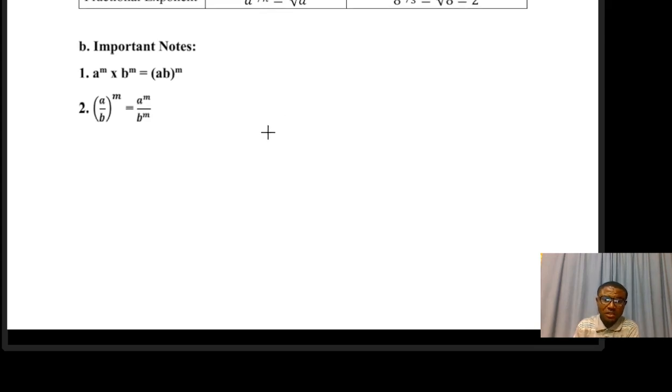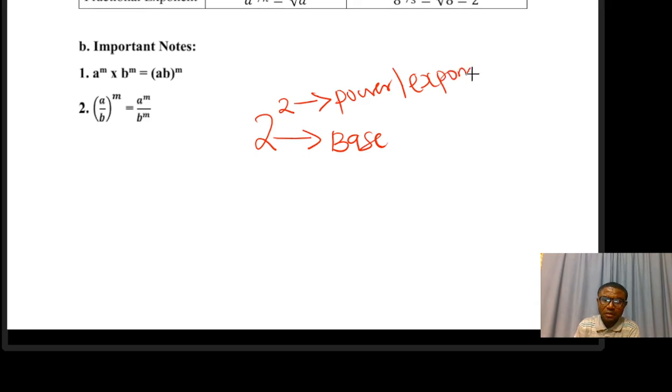For instance, when we have 2 to the power of 2, this 2 here is called the base, and this one is called the power or exponent. So take note of this.